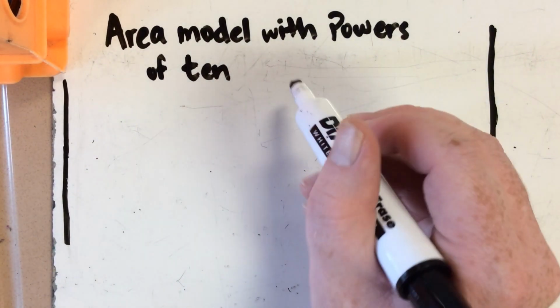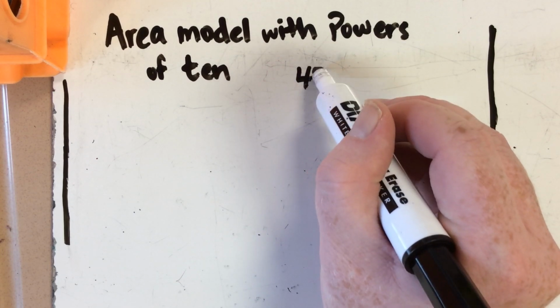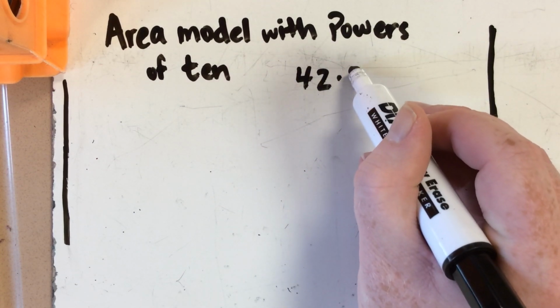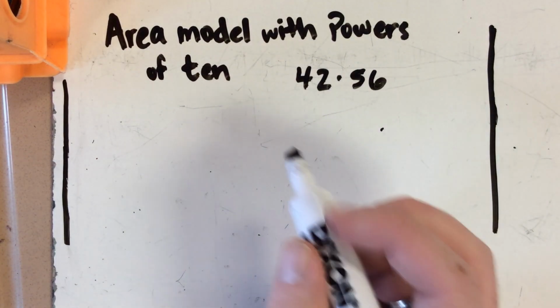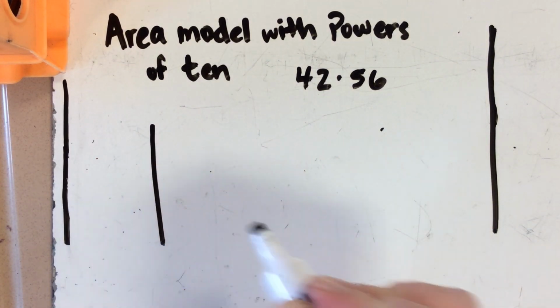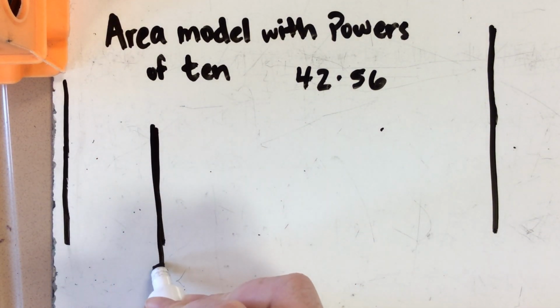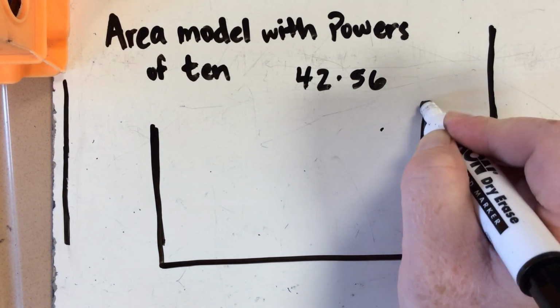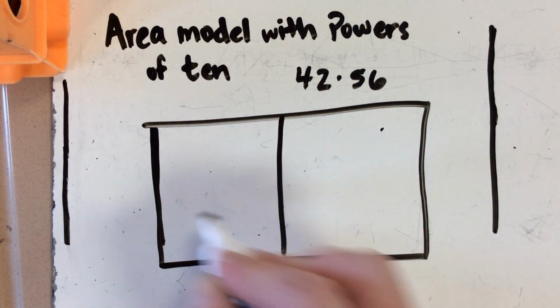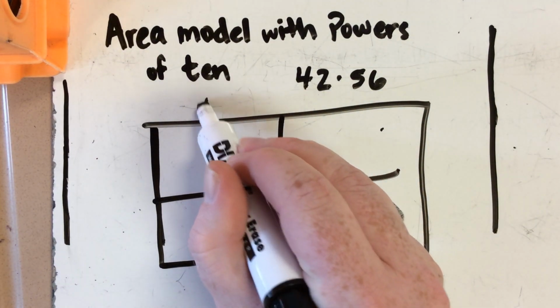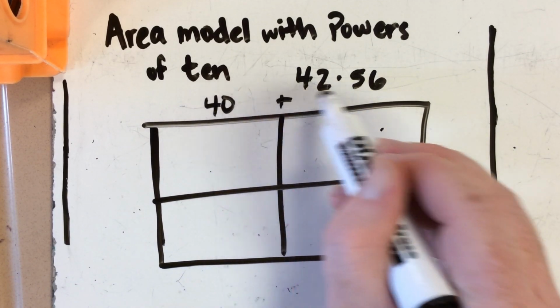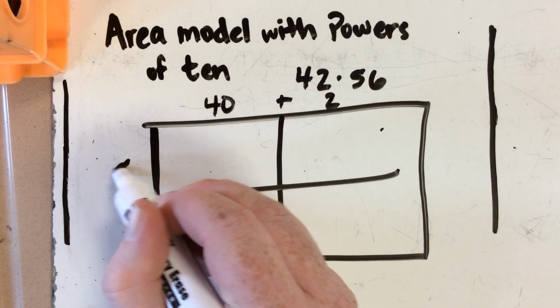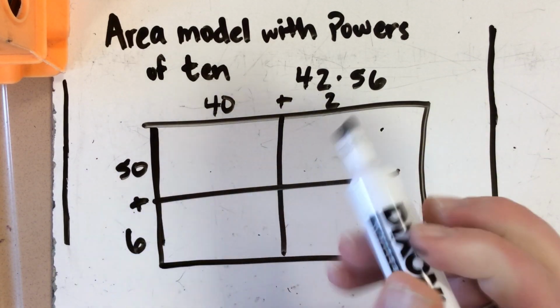If we were to do the problem 42 by 56, students would draw a rectangle and expand the numbers into their place values, 40 and 2, 50 and 6.